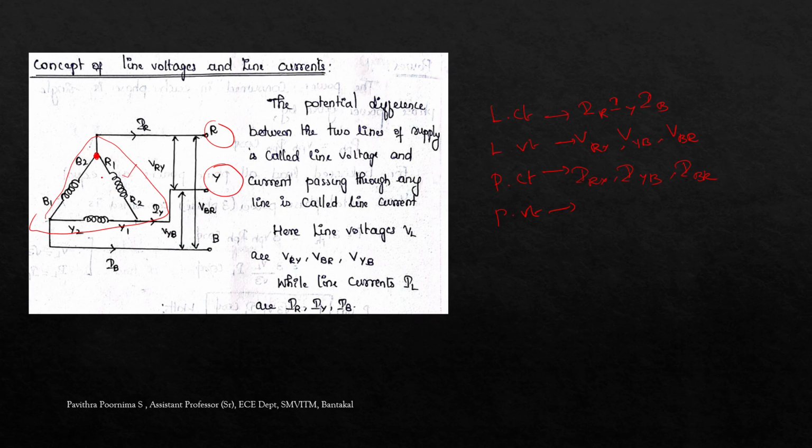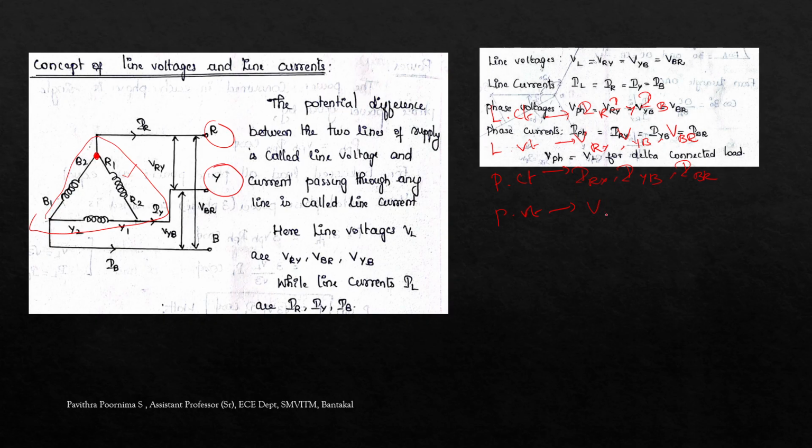The voltages between the phases are VRY, VYB and VBR, because R is connected with Y, Y is connected with B and B is connected to R. So this is the phase current and phase voltages.